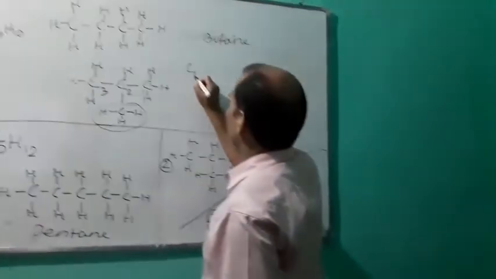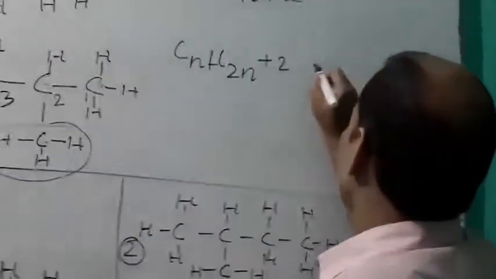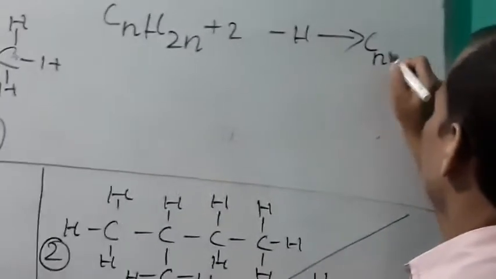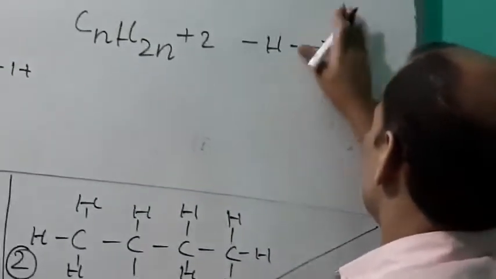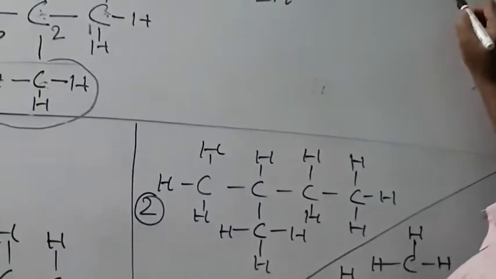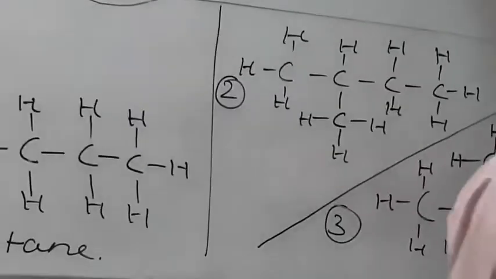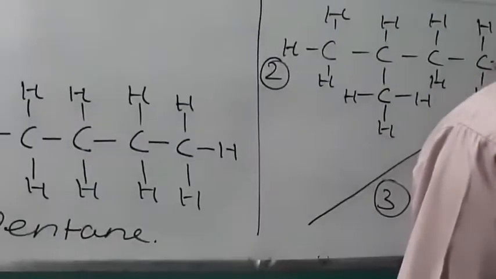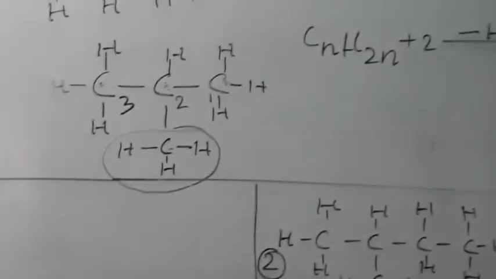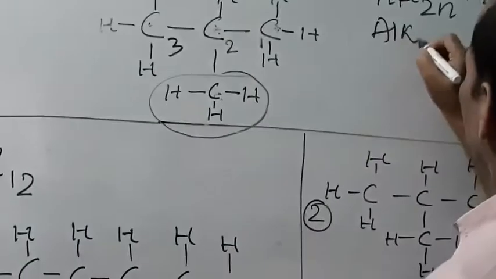So CnH2n+2 minus 1 hydrogen becomes CnH2n+1. So it is an alkyl. This is an alkyl, this is an alkane.